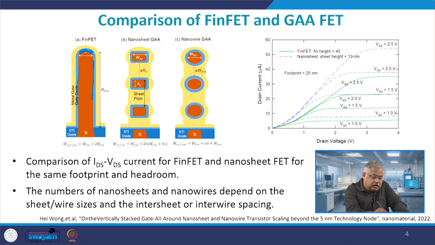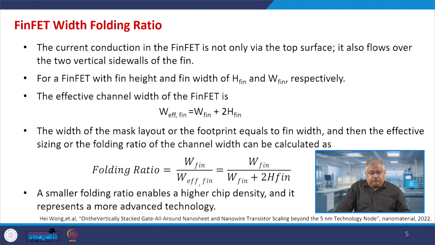The electrons are not only flowing through this top wall, but they are also flowing through these side walls. Please note that in reality, when you do fabrication, the number of lattice points is different for the top wall and side wall, and therefore the mobilities are different because the scattering is different.